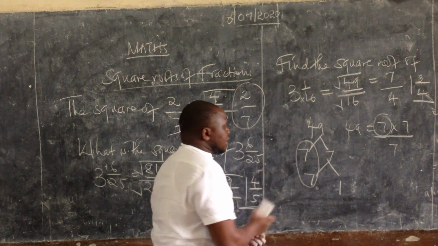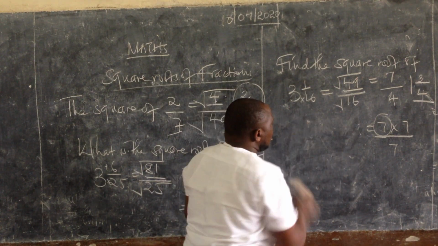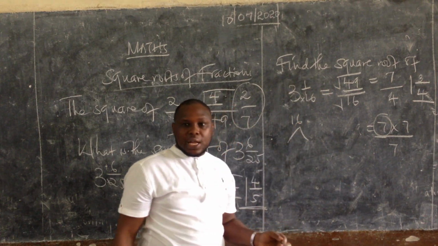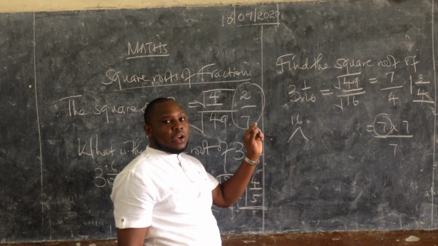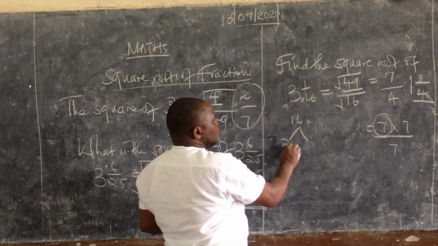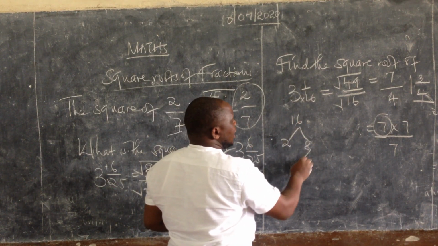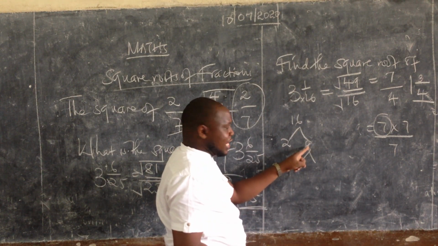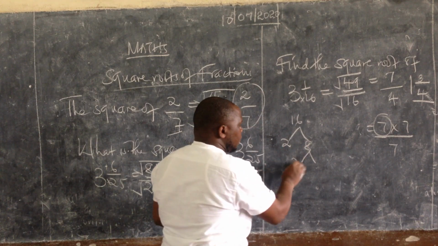In the other case of 16, I think I explained what you're supposed to do. You get your 16, prime factorization. You begin with the smallest number. So what is the smallest number that will divide this number? The number is 2. 16 divided by 2, you get 8. Can that number continue dividing here? Yes. 8 can be divided by 2, you get 4.